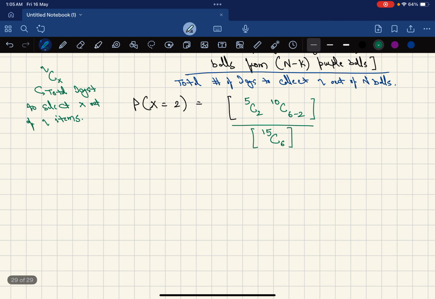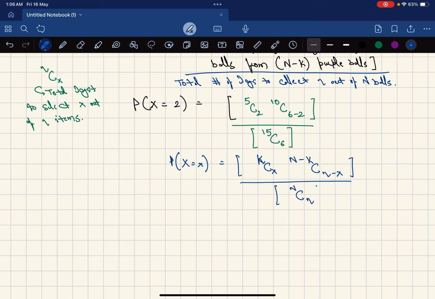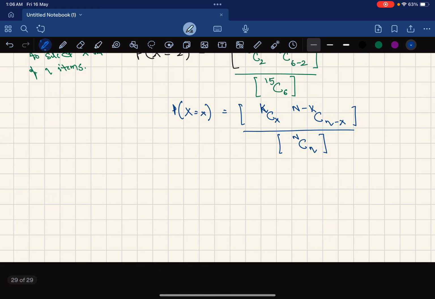Now this can be written in a more generalized way as P(X = x), and we are selecting KCx, because there were K blue balls, so we are selecting x blue balls from K blue balls, and then we are selecting from N minus K purple balls, we are selecting small n minus x purple balls, and then in the denominator we are simply selecting small n balls from capital N, therefore it becomes NCn in this case.